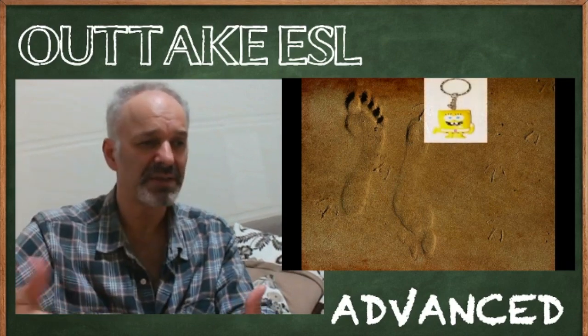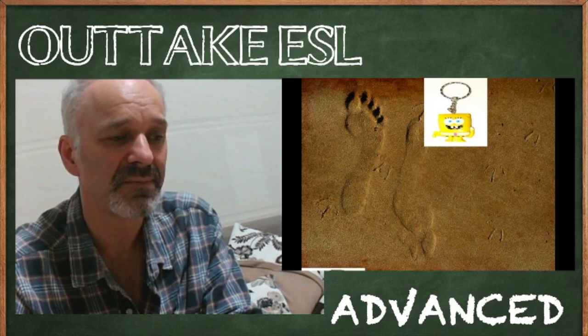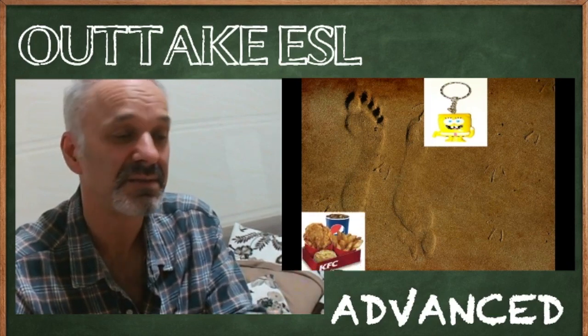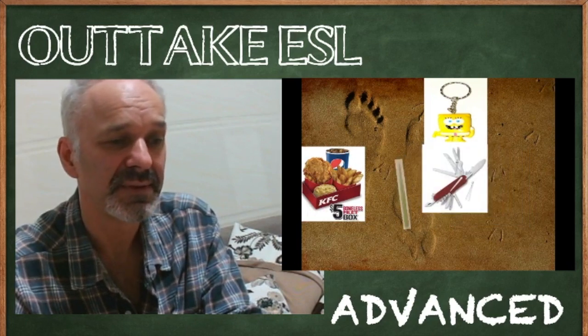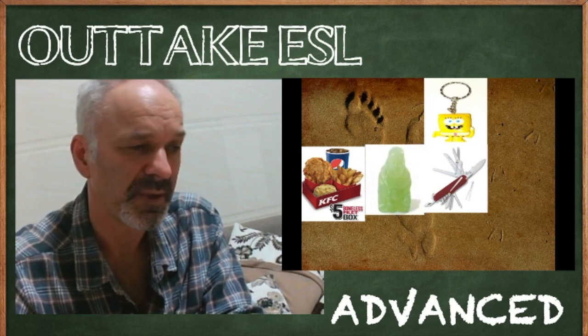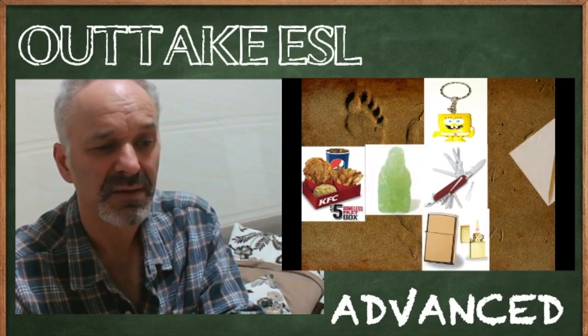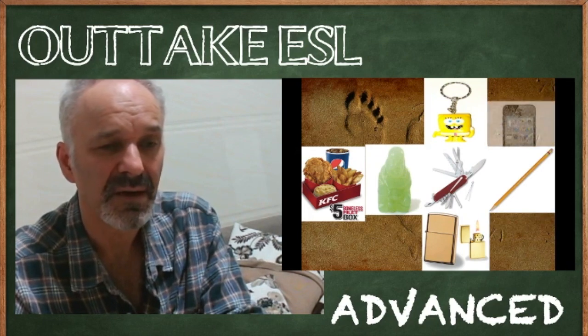So you kind of go through these items one by one. What is this here? The SpongeBob. No, it's a keychain. What is this here? KFC. What is this here? Pocket knife. What is this here? An ornament. Buddha. What is this here? A lighter. What is this here? A pencil.